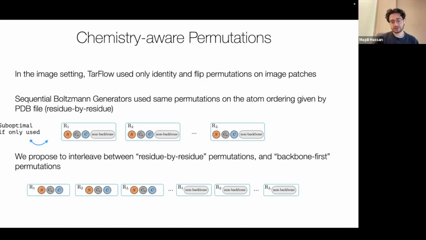And this is great in the sense that if we've autoregressively already generated the backbone, then the updates to the side chains are influenced by the global structure determined from the backbone. So in the transformer, all the atoms from the side chains will attend to the previously generated backbone atoms. And of course, we also have the flip of this.